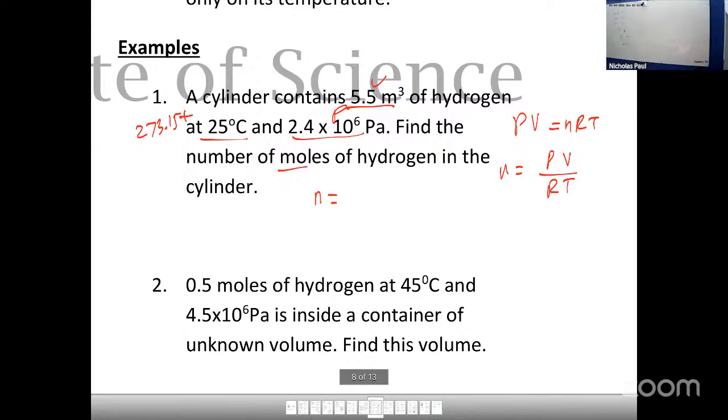My pressure value is 2.4 by 10 to the 6, volume is 5.5, R is 8.31, and temperature is 298. How much do you get for number of moles?